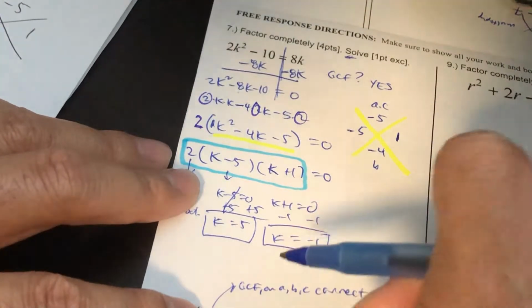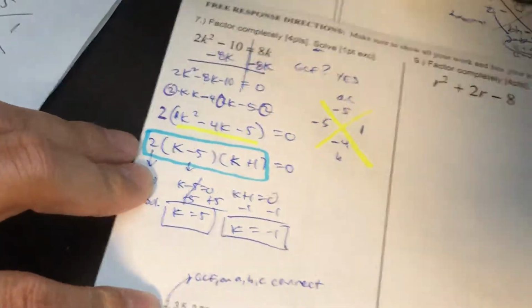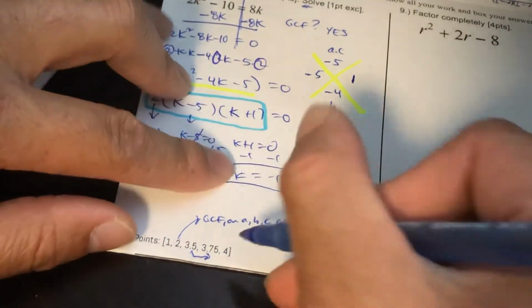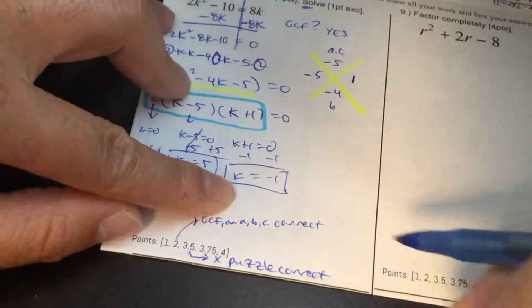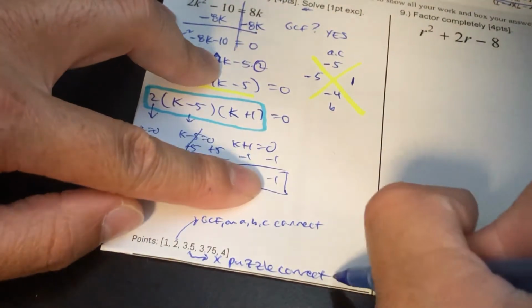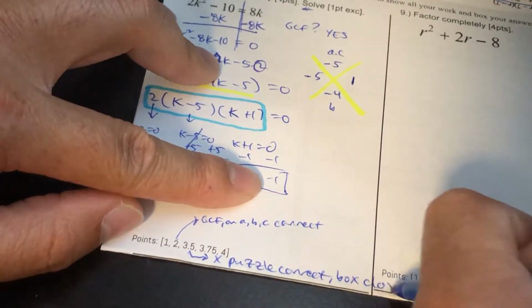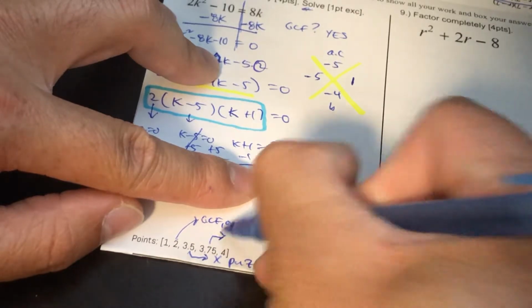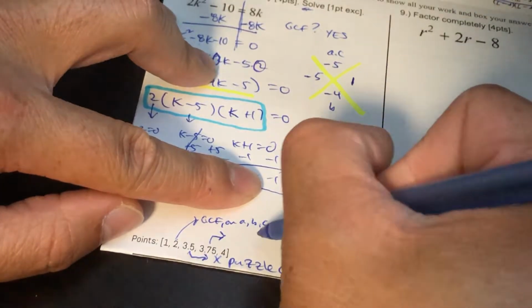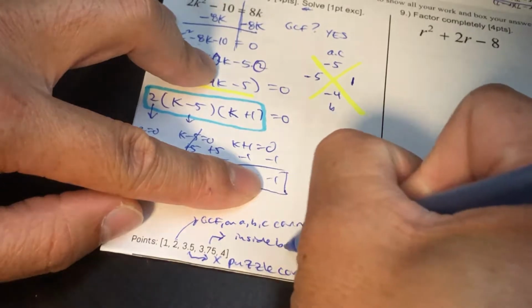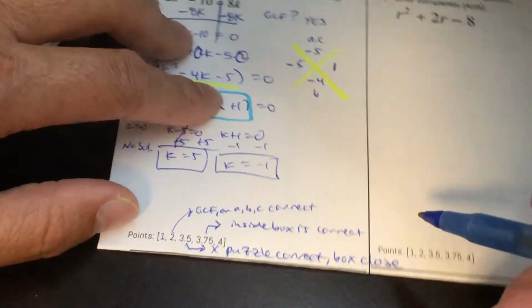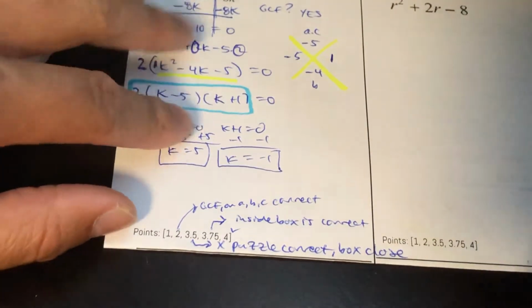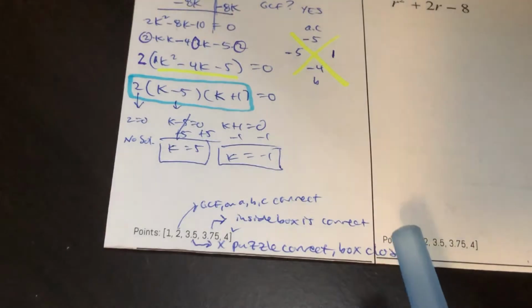You can get 3.5 points if your X puzzle is correct, or your box is very close to being correct. 3.75 points out of 4 if the inside of your box is correct, maybe your factors or the parentheses are wrong, and then you get 4 points if you were all correct. I'll be using this 4-point scale for the 4 multiple choice questions, or free response questions.